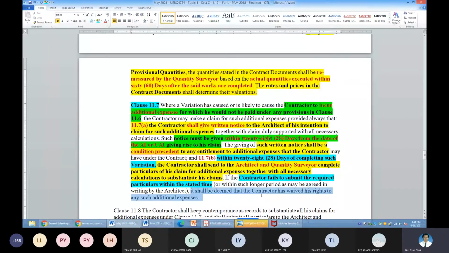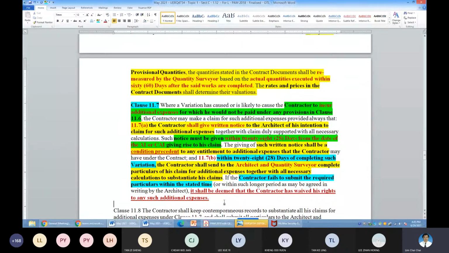So that means it may give the idea to the architect or to the QS, although you did notify me under 11.7a for the additional expenses going to be incurred, but if you fail on 11.7b without all the details, it may give the idea that you don't want such additional money to be paid.